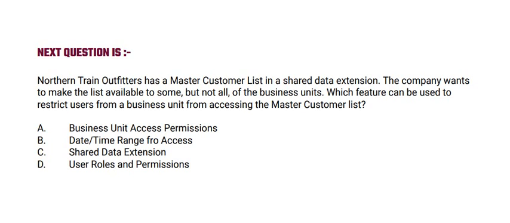Options are option A business unit access permissions, option B date or time range access, option C shared data extension, and option D user roles and permissions. The correct option is option A.